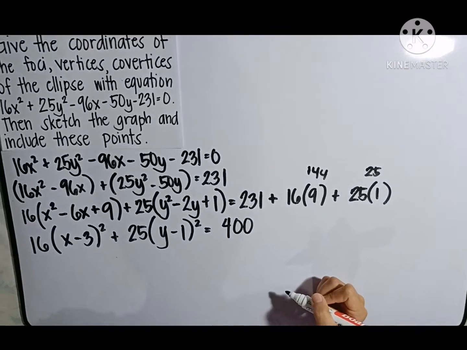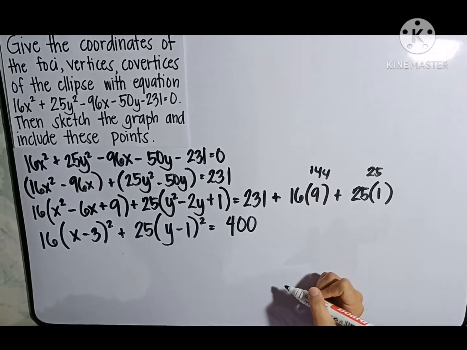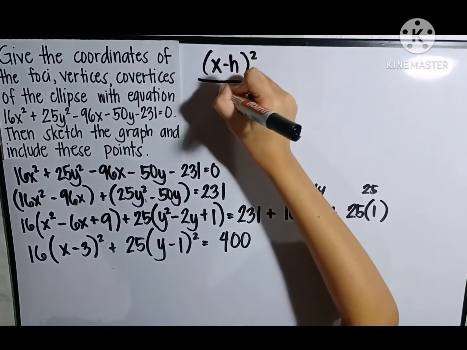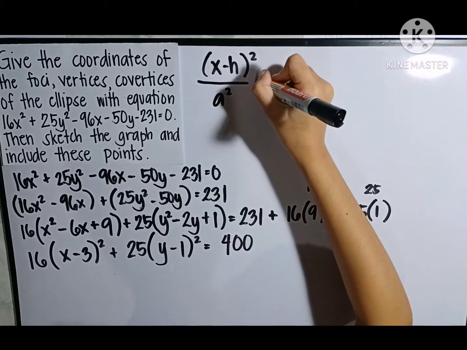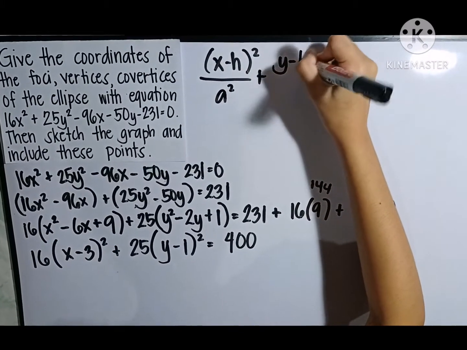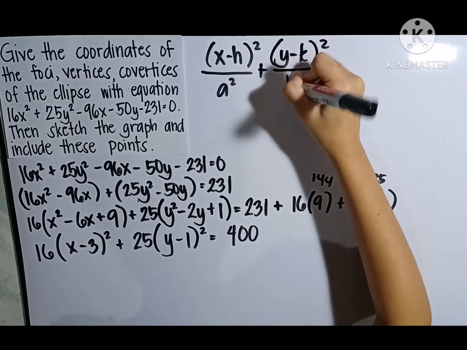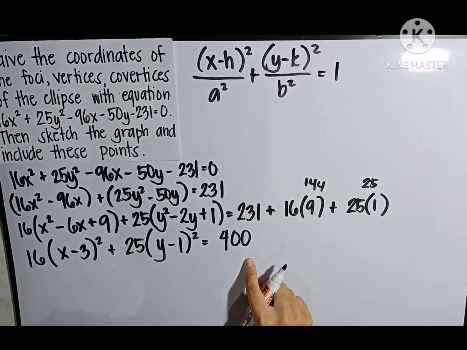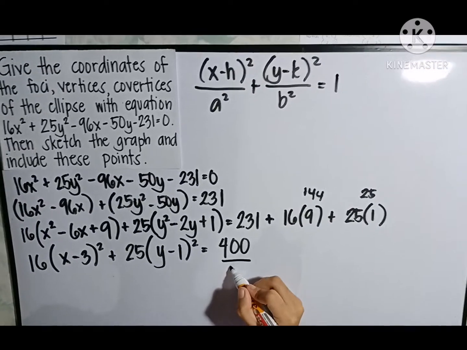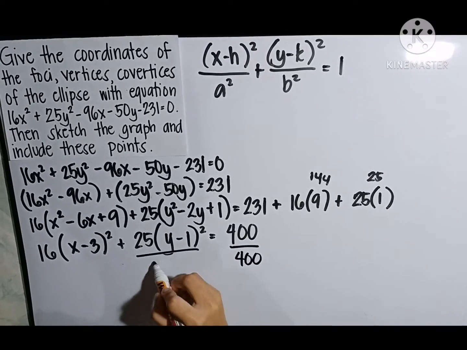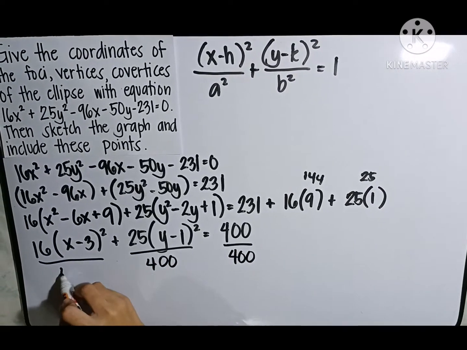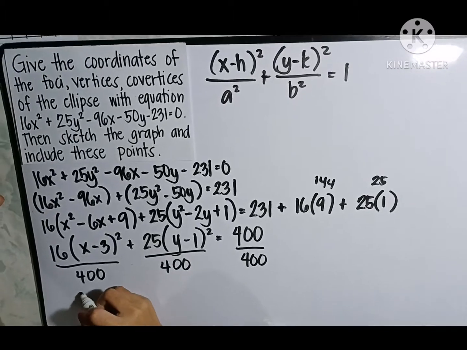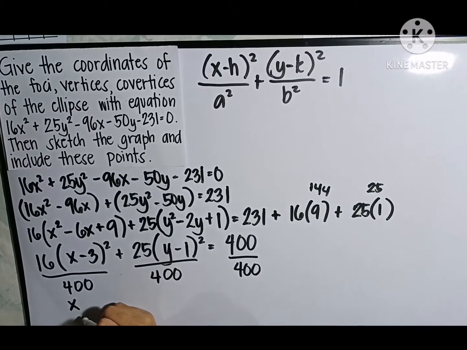The standard equation of the ellipse should be written as x minus h quantity squared over a squared plus y minus k quantity squared over b squared is equal to 1. So we need this to be 1. So divide the entire equation by 400. 16 divided by 400 is 1 over 25.